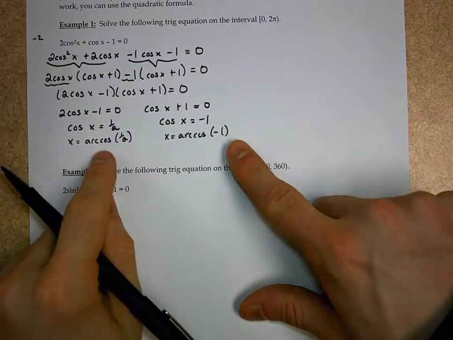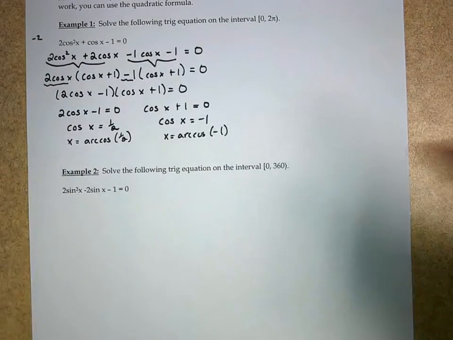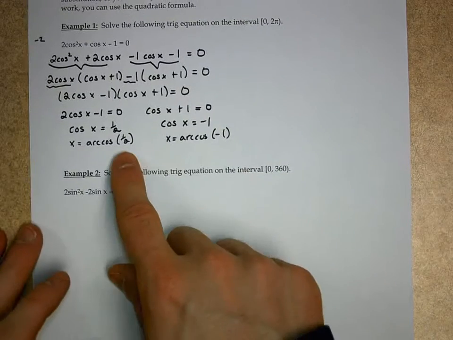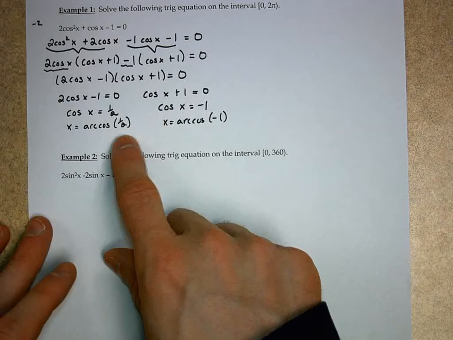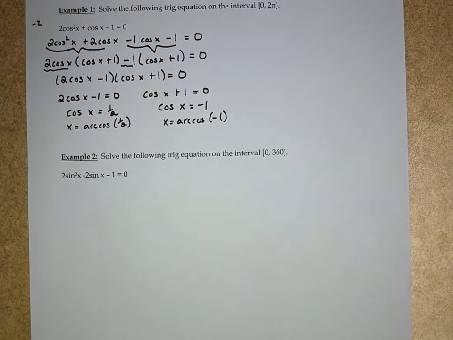And these happen to be on the unit circle, so you don't need to draw out all our reference triangles. What values on the unit circle do we have an x value of positive 1/2? Well, in the fourth quadrant and first quadrant is where cosine is positive.